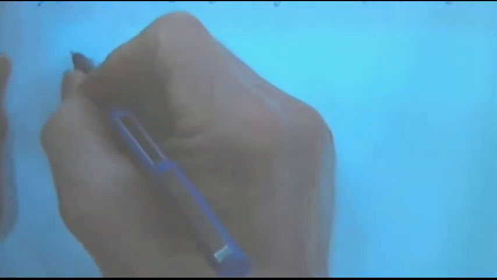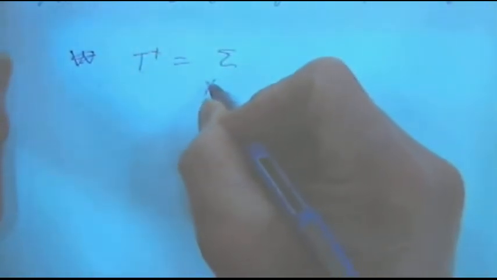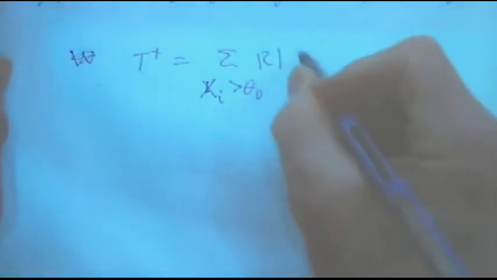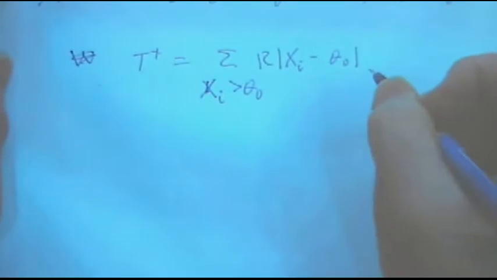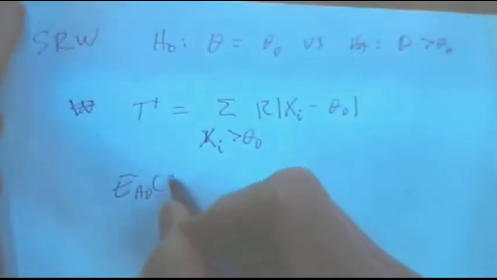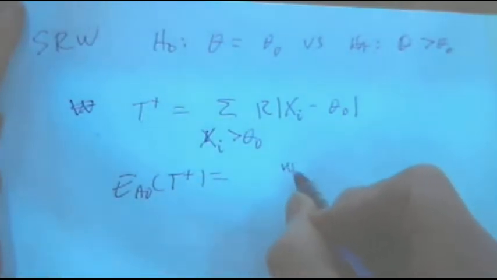Again, it's the one sample problem. Everything else stays the same. You're testing the median. The average rank is (n+1)/2.